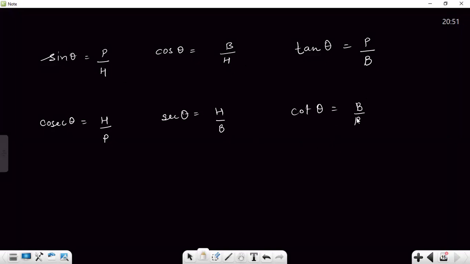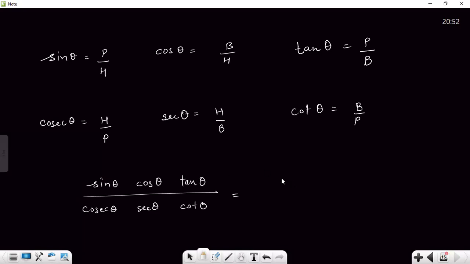Instead of learning all these 6 formulas separately, I have a trick to make them easy for you to learn. Write sine, cos, tan theta, and write their multiplicative inverses in the respective denominator place. Here write cosec theta, here write sec theta, here write cot theta. Now what is sin theta?